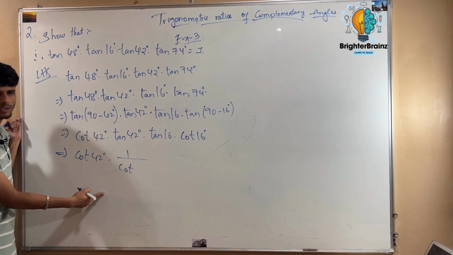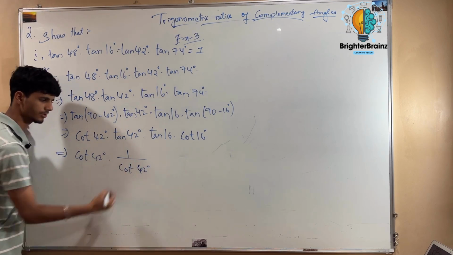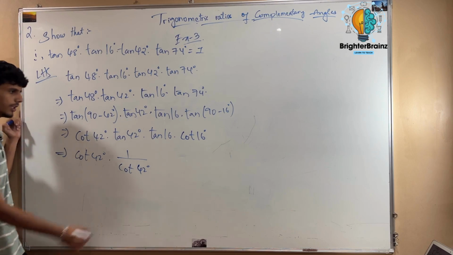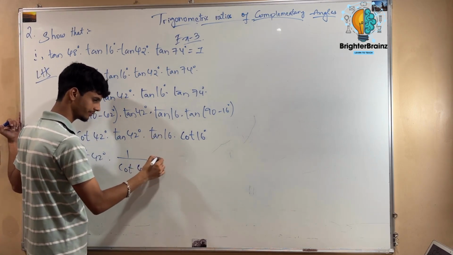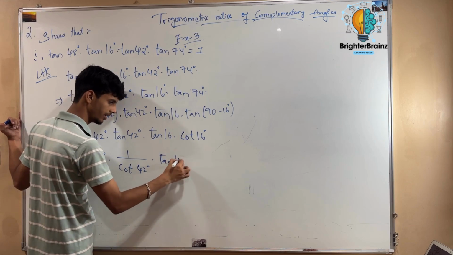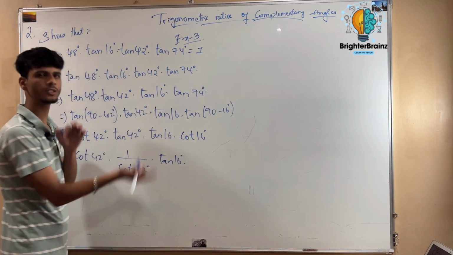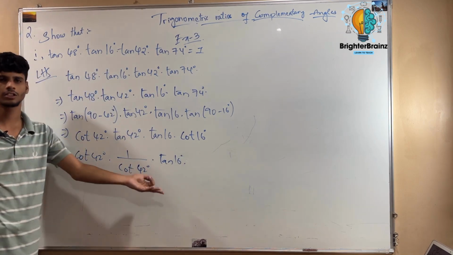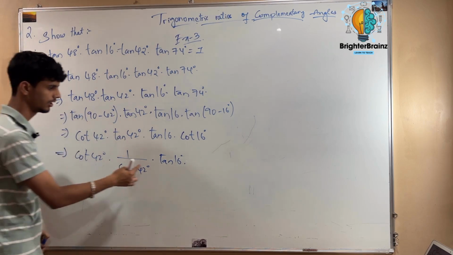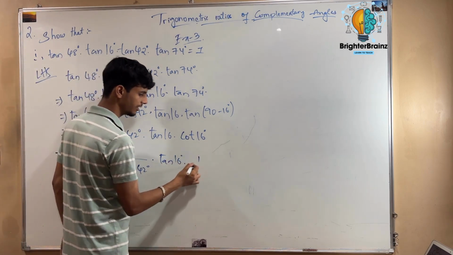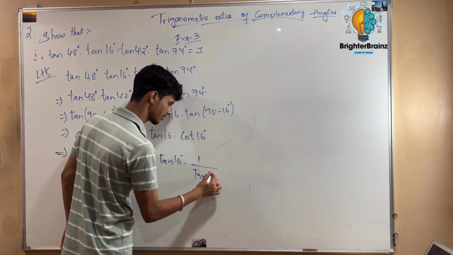Tan can be written as 1 by cot, that is cot 42 degrees. Cot 42, cot 42. Okay, next. Now let us change this tan 16. Now let us change cot 16 in terms of tan. ఇక్కడ cot చేసాం కదా, tan లో ఎలా చేంజ్ చేసుకోవచ్చు, కానీ మీకు డిఫరెంట్ సినారియోస్ చెప్తున్నా. ఓకే, so cot 16 can be written as 1 by tan 16.